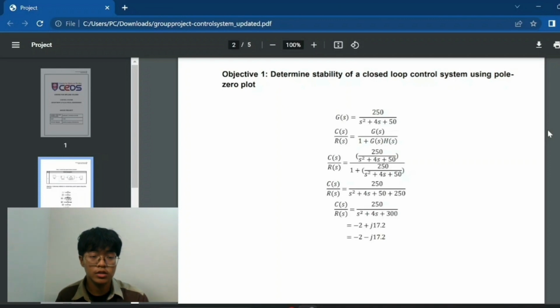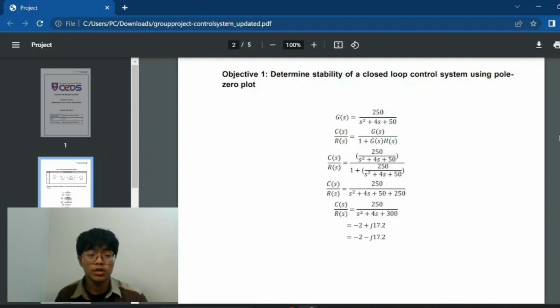So next, we insert the GS to the feedback formula. So it will be CS over RS equal to 250 divided by S exponent 2 plus 4S plus 50 divided by 1 plus 250 divided by S exponent 2 plus 4S plus 50.